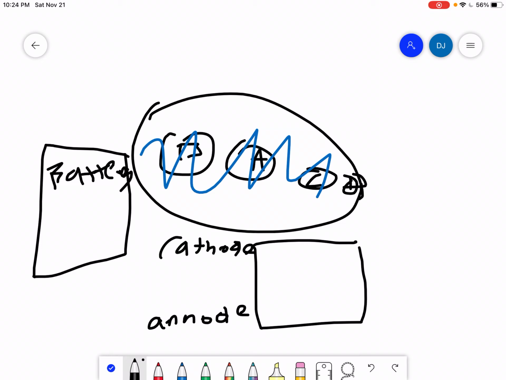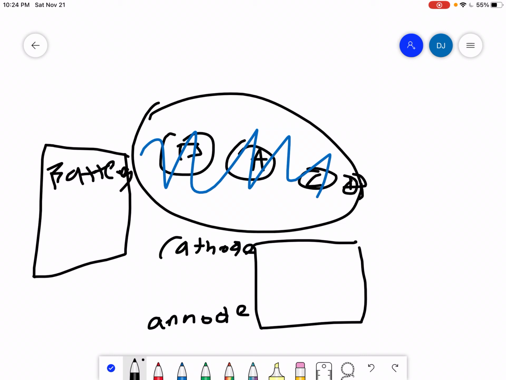Well, assuming we're working with DNA, right? We know that DNA is very negative. Why? Because it has many phosphate groups. It literally has an alternating sugar phosphate backbone, so it's going to have tons and tons of phosphate groups, giving it its negative charge.